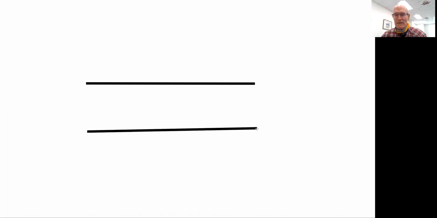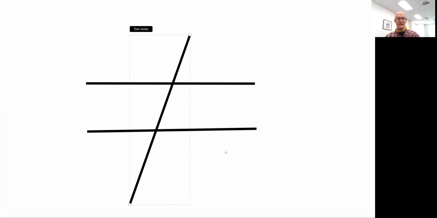So when you start with two parallel lines, you have one line here, and you have a second line which is parallel to the first line. We'll try to make this about as parallel as we can. And then you have a third line, which is a transversal, which comes down at an angle. It could be perpendicular, but normally it's not.